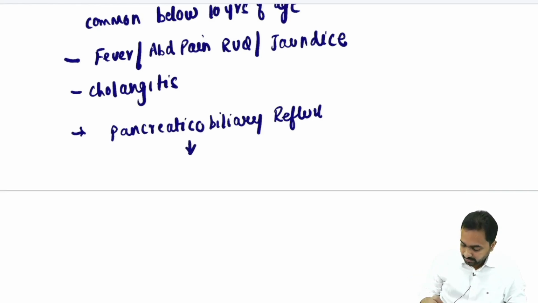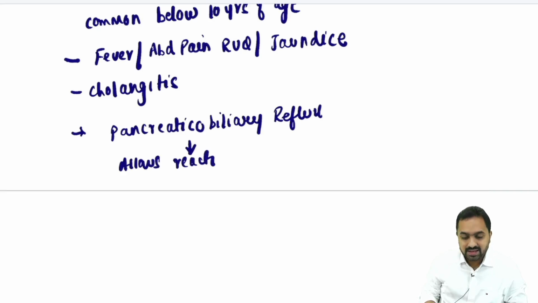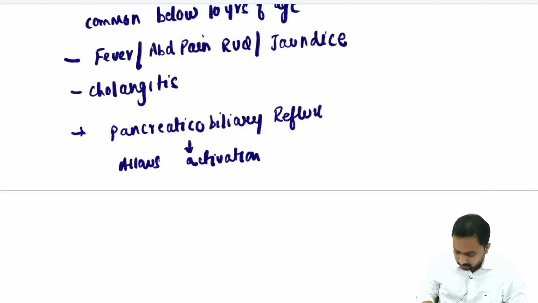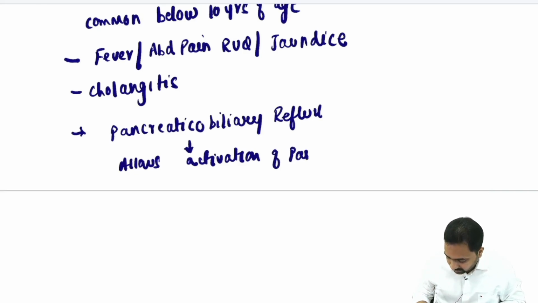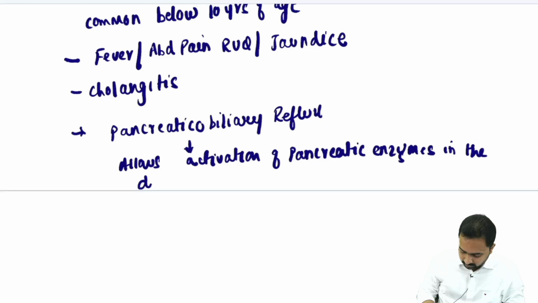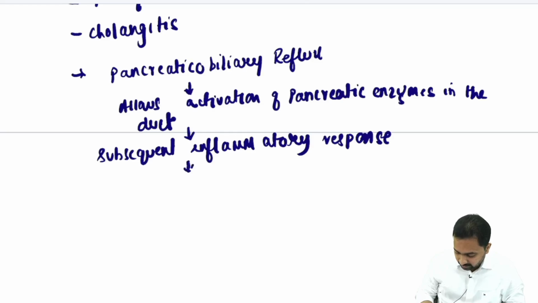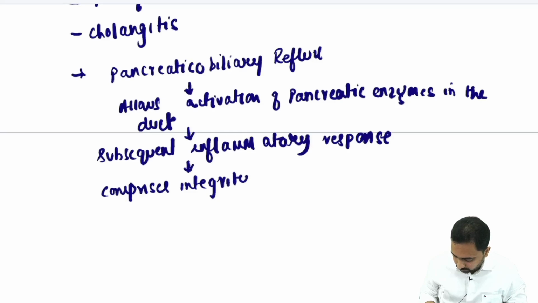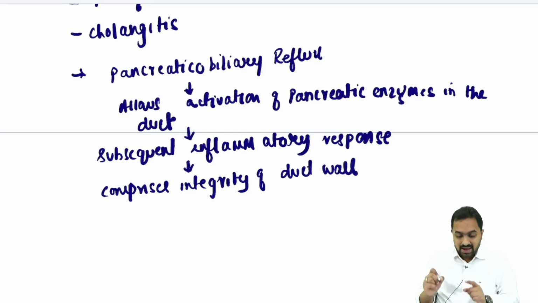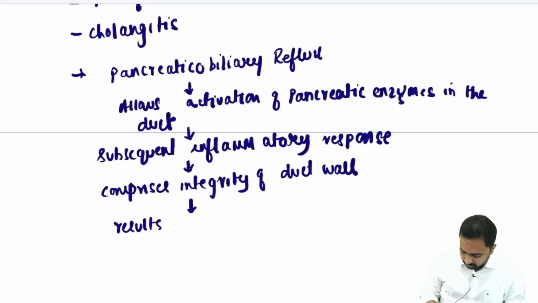There's the pancreatobiliary reflux, which allows the activation of pancreatic enzymes in the duct, which causes a subsequent inflammatory response, which compromises the integrity of the duct wall, and results in dilation.